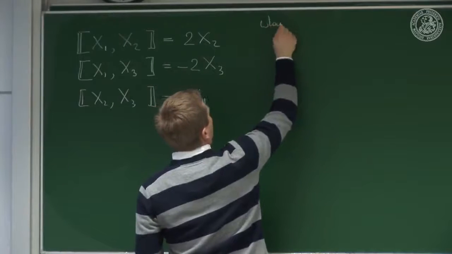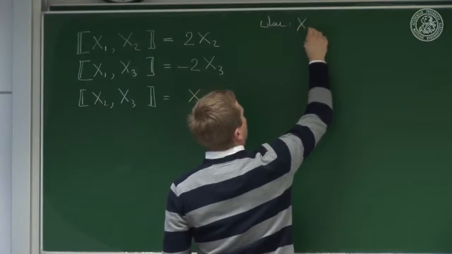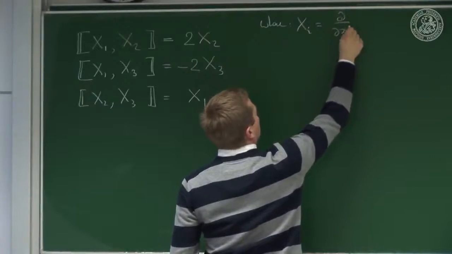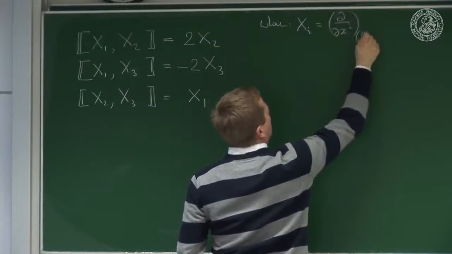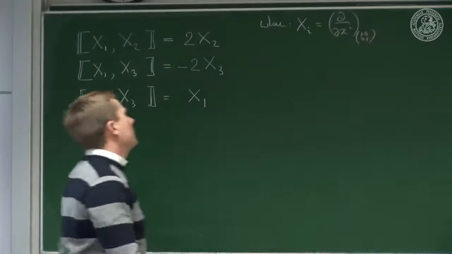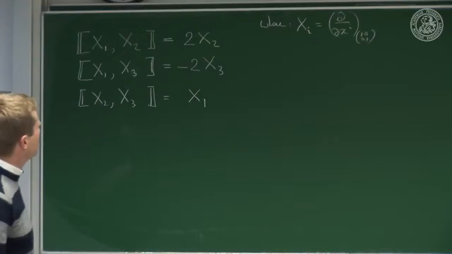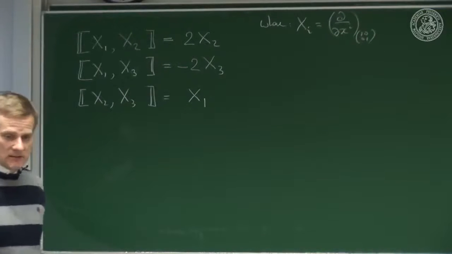So from now on we have xi equals d by dxi at the identity, and obviously the Lie algebra is spanned by this because that's the tangent space.